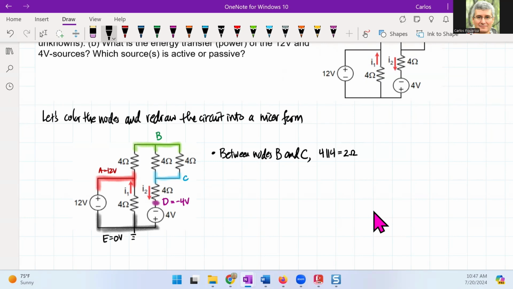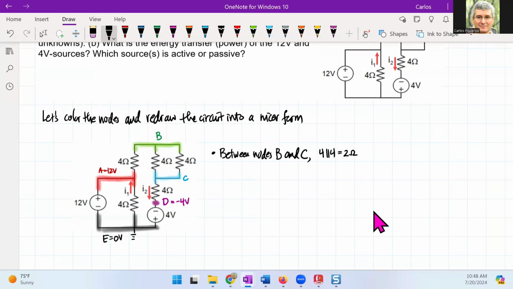So now if I look at node A, you could see here that the 4 ohm on the leftmost is going to be in series with the two 4 ohms, which is now a 2 ohm, and that's going to be in series with the 4 ohm.